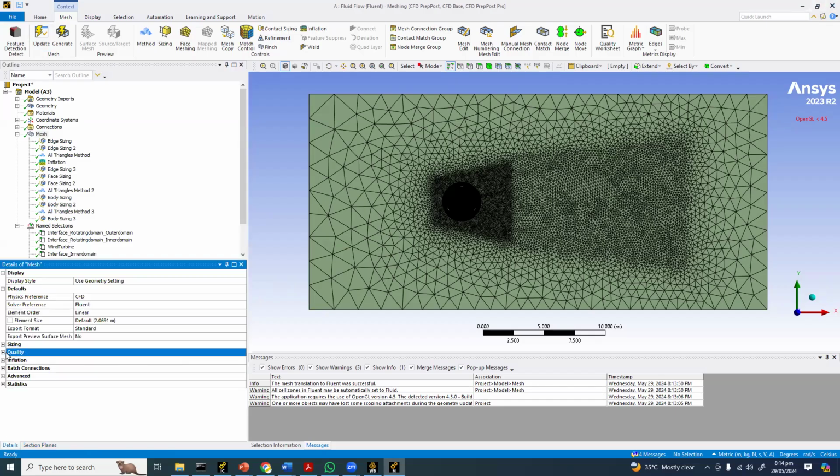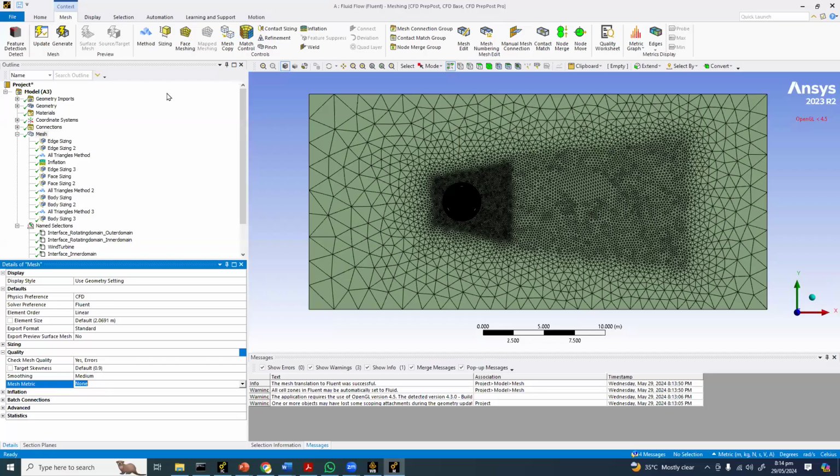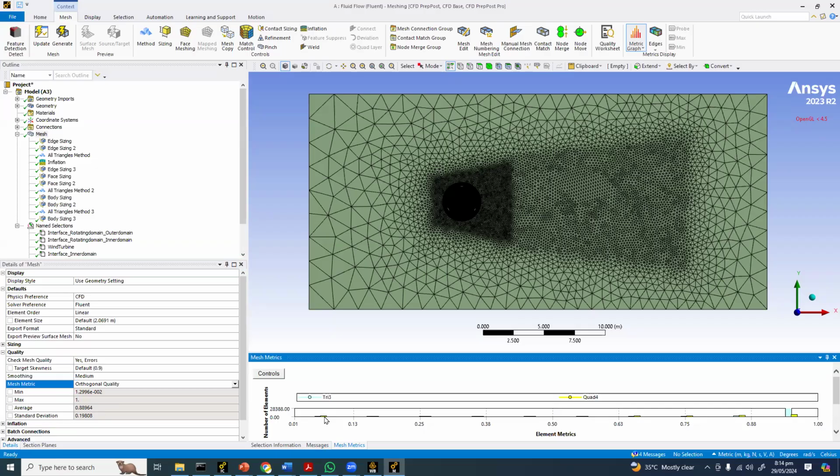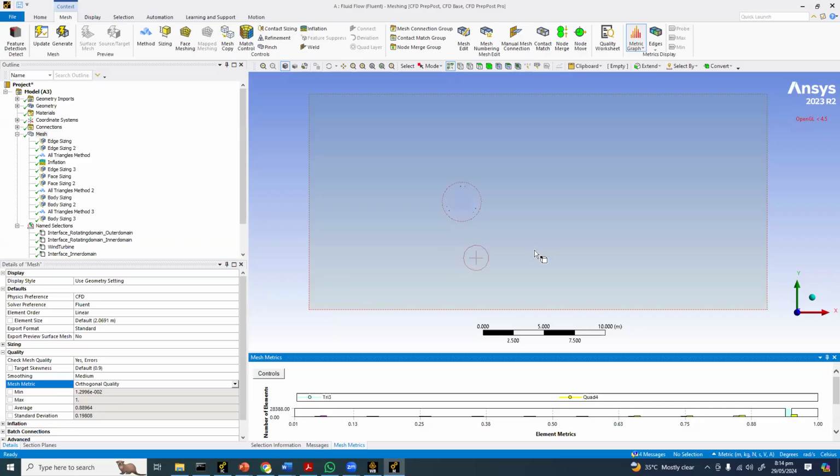For example, the quality you can measure here. So let's measure the orthogonal quality. Here it is showing the minimum value is 0.012. That's very low quality, but okay, we will go with this.